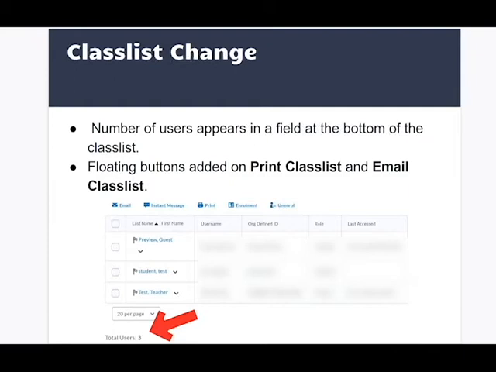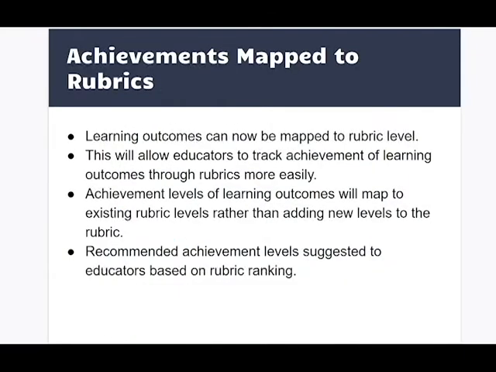I think the most significant update potentially for us is the connection that's been made between the achievements tool and the rubrics. So achievements, of course, we're using them for expectations. So when you see achievements tool in the release notes, it's referring to the expectations tool, and a lot of you have changed the name in your system preferences to say expectations.